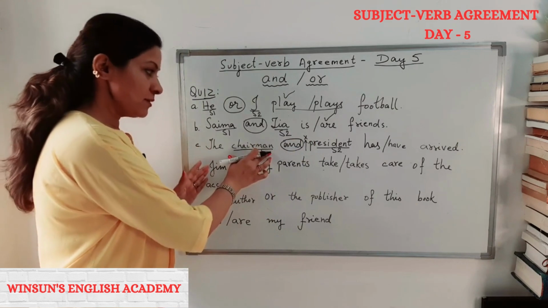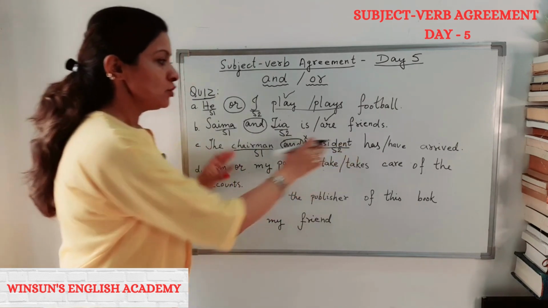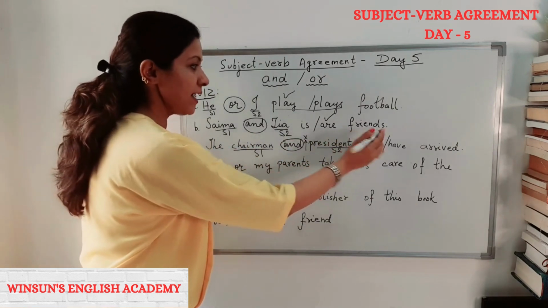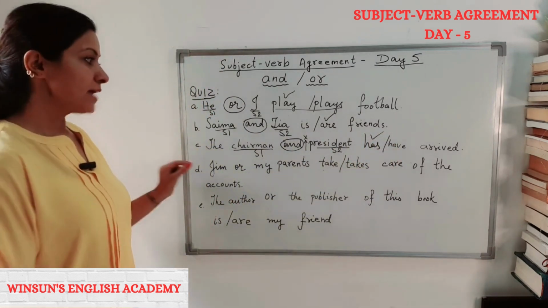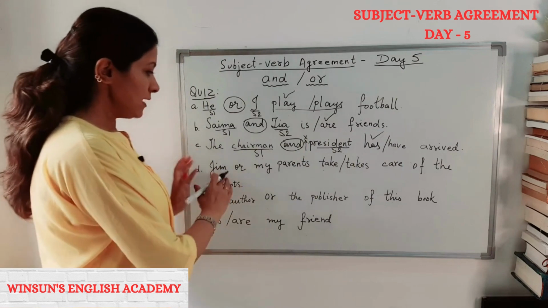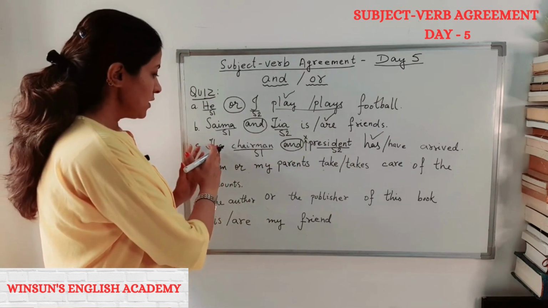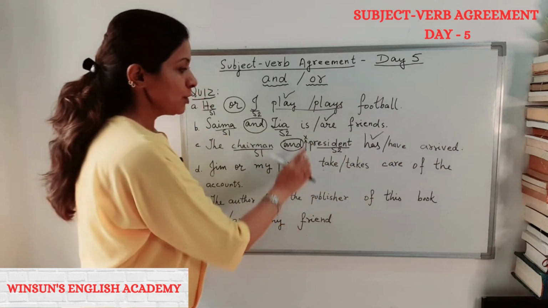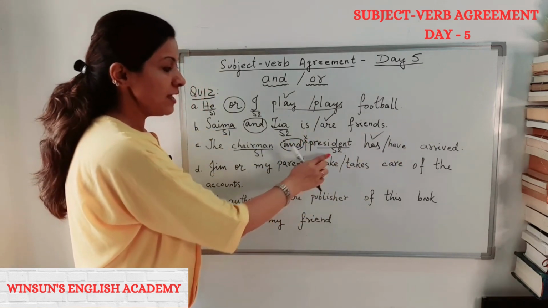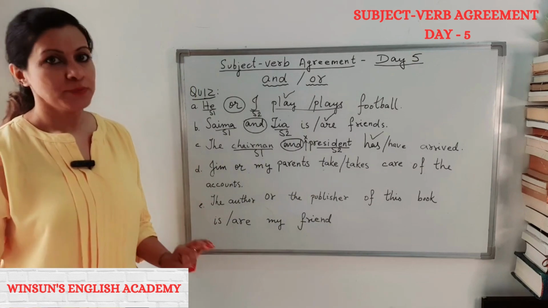So the chairman is also the president. So one person has arrived. Had there been the, then we could have said the chairman and the president have arrived. But since there is no article, it refers to the same person.